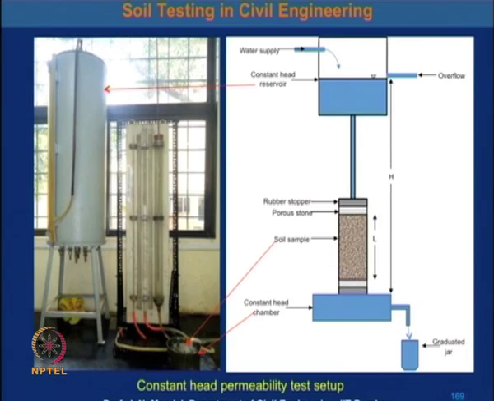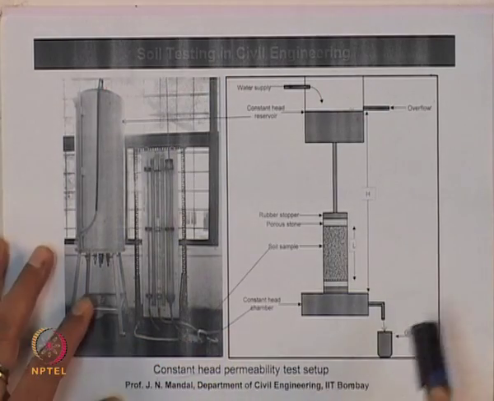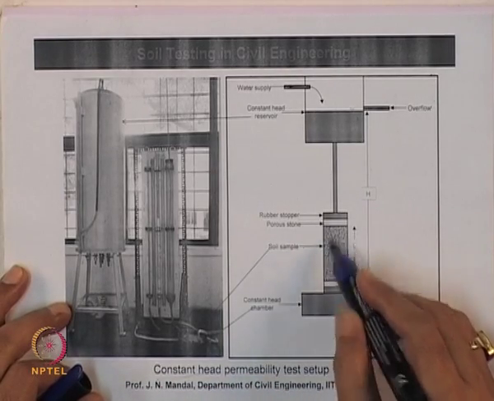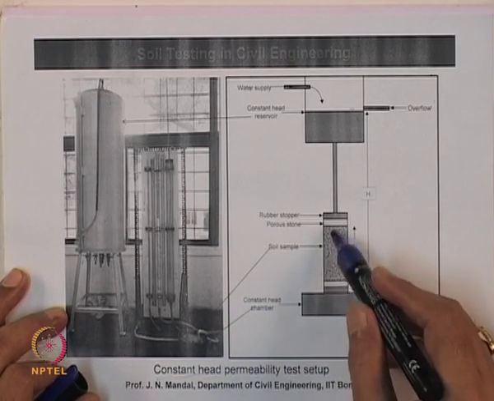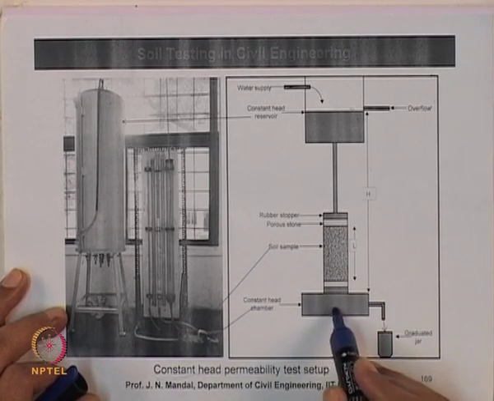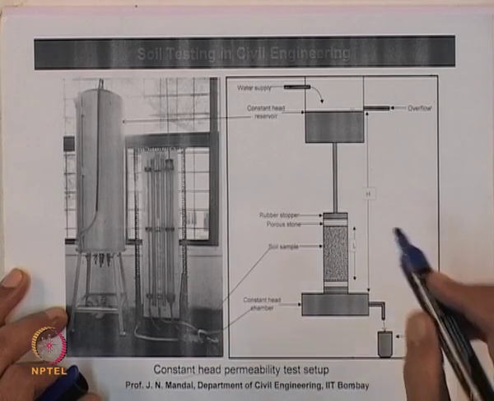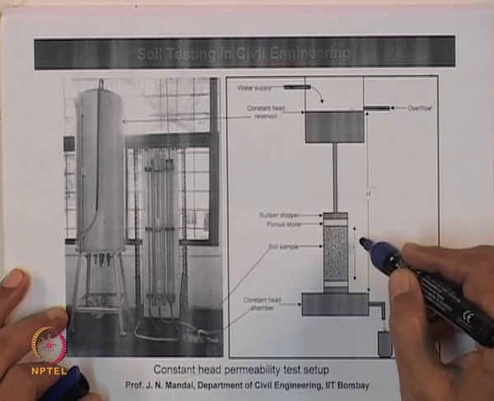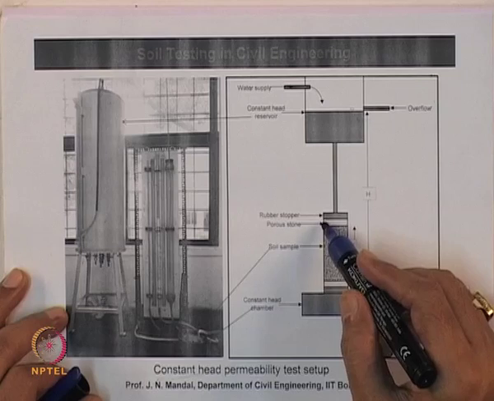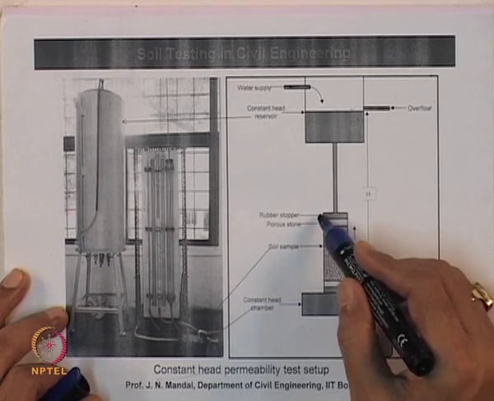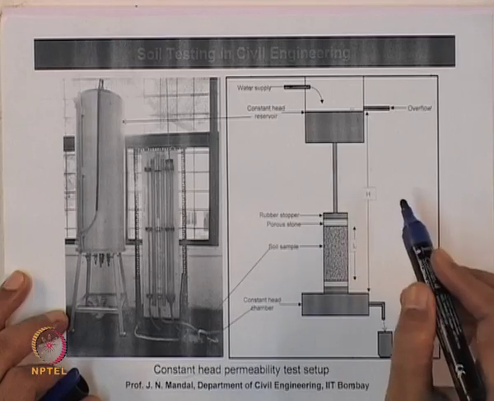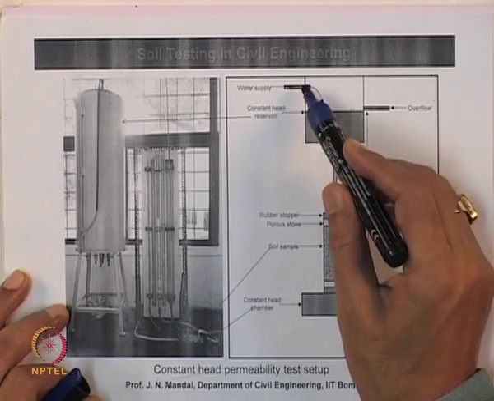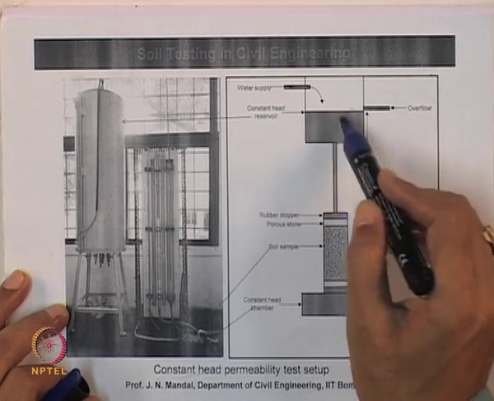Here I can show you that this is the soil sample, and this is the constant head chamber, and this is the soil sample, its length is L, and this is the porous stone, the top and bottom, and this one is the rubber stopper, and water is supplied at a reservoir.